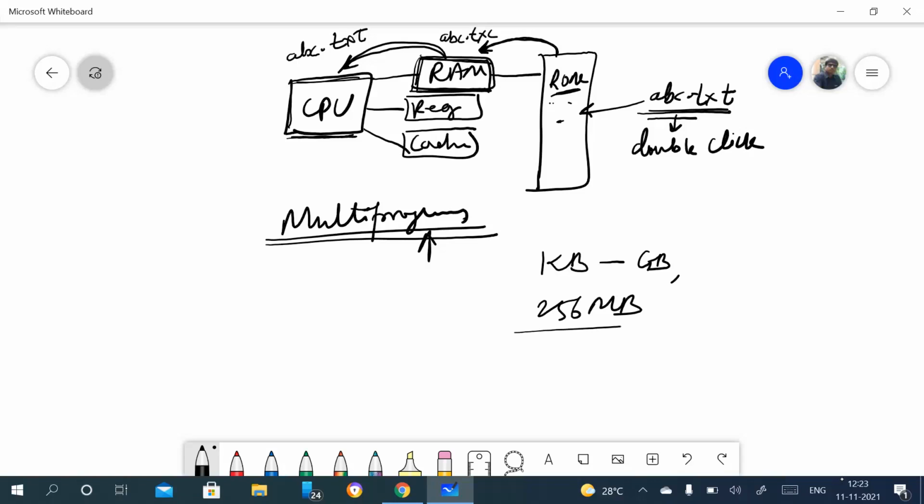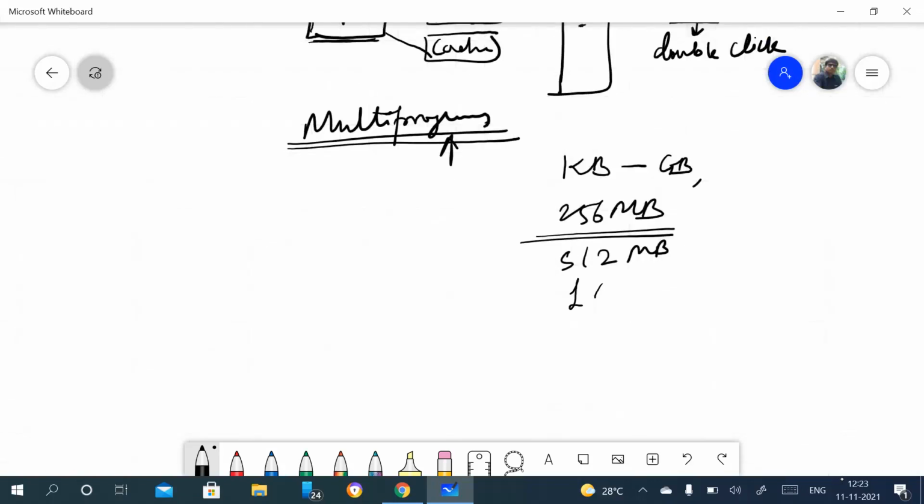So at that time it was 256 or 512 MB. Then the size increased to 1 GB, and now I think we have available memory of 16 GB. Right? Now, why do we require this 16 GB, 1 GB, and so on?